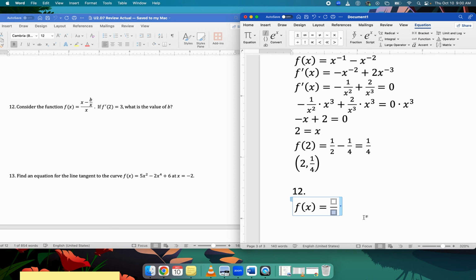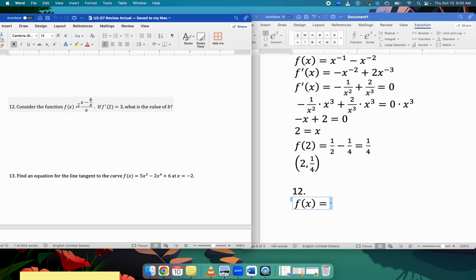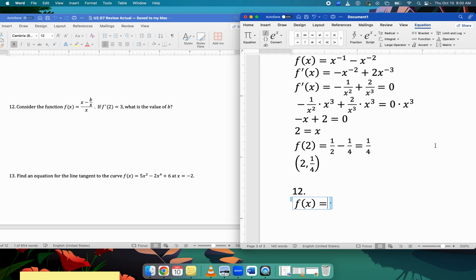I guess one way is to split the big fraction, right? I've got one thing minus a thing, all divided by x. I can distribute that division by x, so I get x over x minus b over x, right? I'm splitting that fraction.